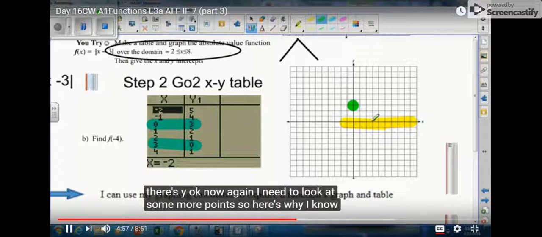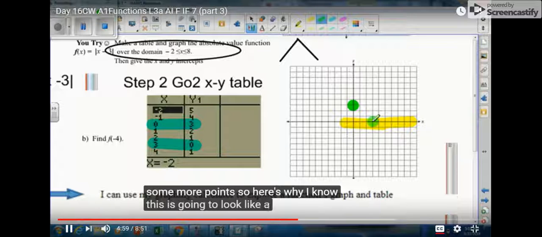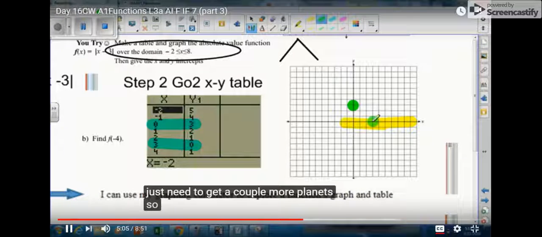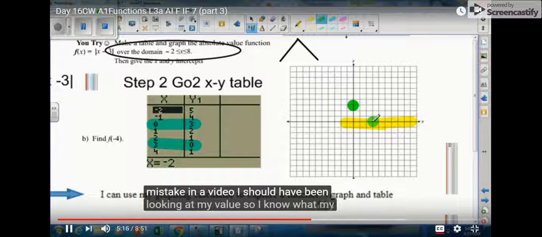Now, again, I need to look at some more points. And here's why. I know this is going to look like a V, and I just need to get a couple more points. One of the things I should have been doing, and I'm glad I made this mistake in the video, is looking at my values, so I know what my high values are and what my low values are.